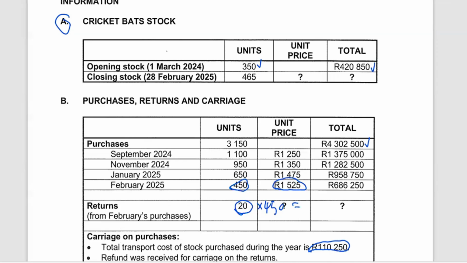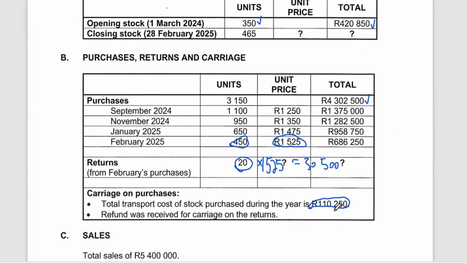So you're going to say 20 multiplied by 1,525. Then we get our answer, which is 30,500.